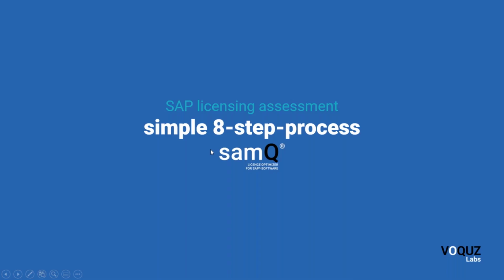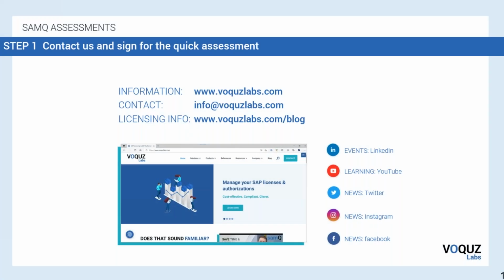Okay, how do we go about this? So we have an 8-step process. It's very simple for most organizations, and it's a very quick and easy process that we go through. The first thing is get in touch with us, let us know and say to us, hey, we are interested in this. We're on the web, you can see us, send us an email. As I say, we have different individuals looking after different regions.